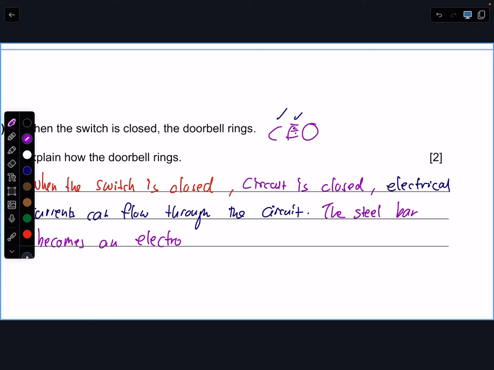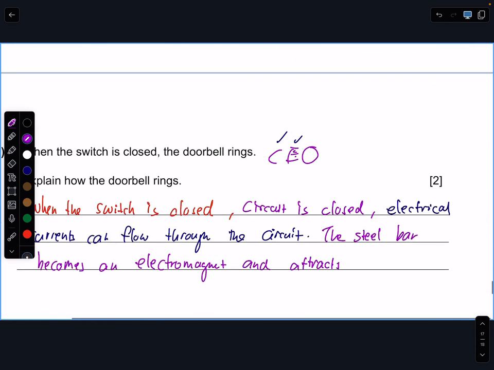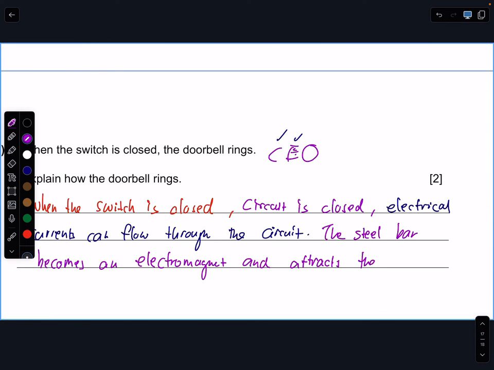I said already, cannot just say magnet, cannot say temporary magnet, must say electromagnet, and attracts. What does it attract in this case? Attracts the iron hammer, which will hit the gong.